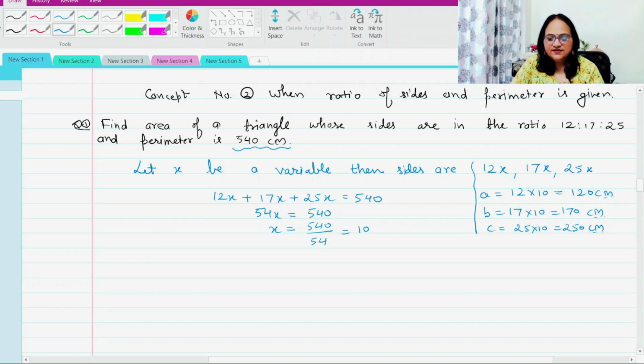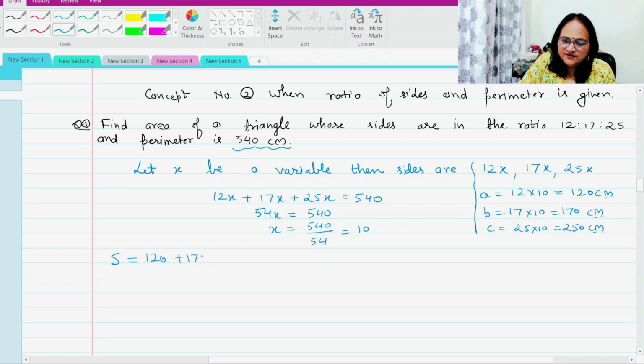Now this is the same as concept number 1, when we have three sides and we have to find the area. So first of all, the semi perimeter will be 120 plus 170 plus 250 divided by 2.